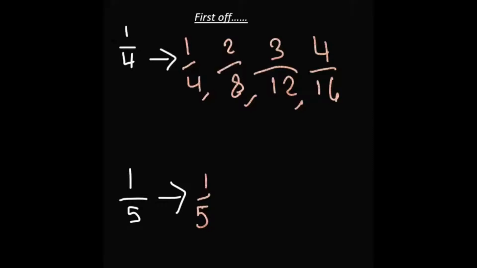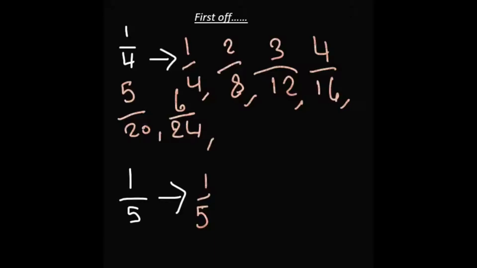Okay? So now we're done with 1, 2, 3 multiples. We have 3 more. Next we have 5. 4 times 5 is 20. So we have 20 as the denominator. And then 5 times 1 is 5. Next we have times 6. 6, 12, 18, 24. 6 times 4 is 24, and 6 times 1 is 6.